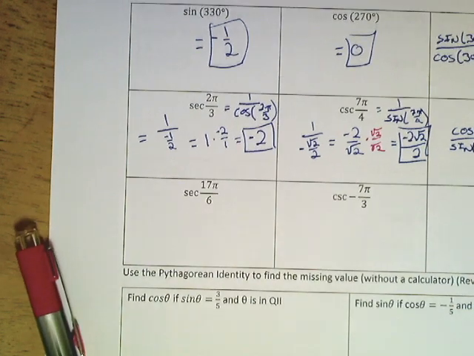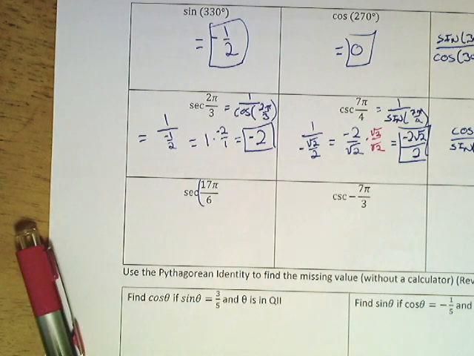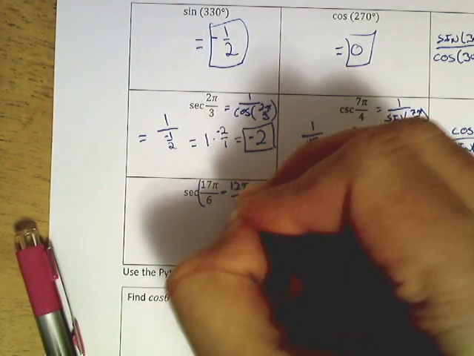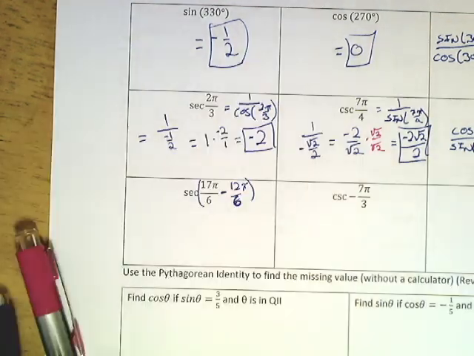Finally, these last ones. Secant, 17 pi over 6 is too large, so we're going to subtract 2 pi from it. There we go.